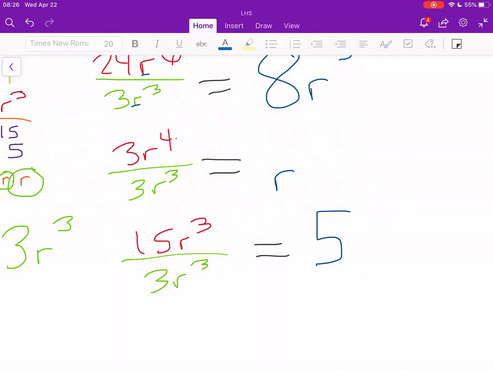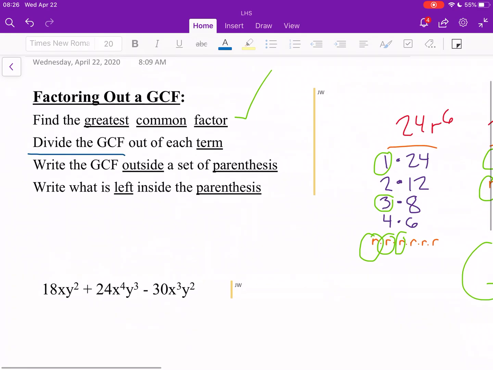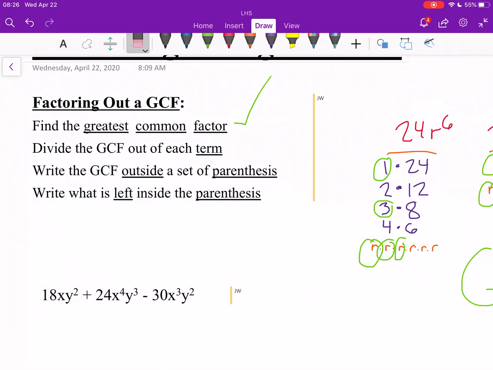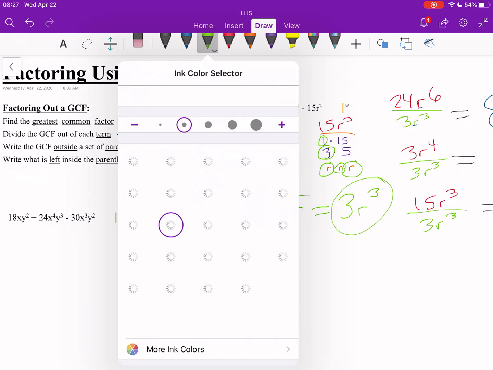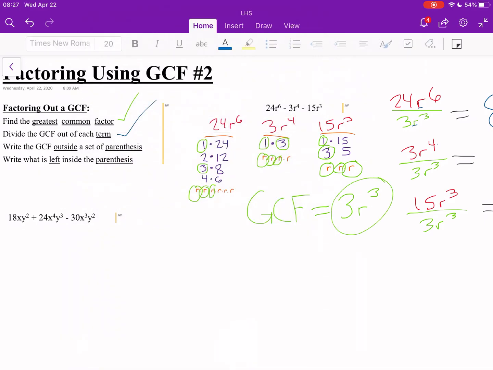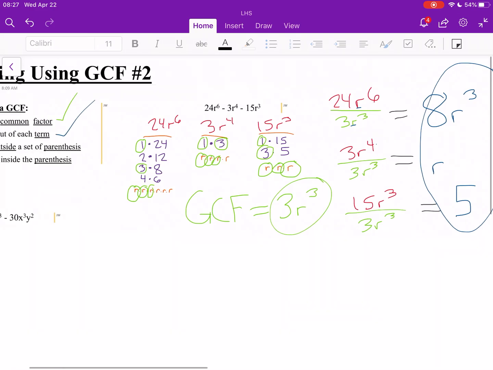So now we completed step 2 there, where we were to divide the greatest common factor out of each term. So I'll put a check mark there. Step 3 is to take that greatest, so sorry, really quick, I've got something written in green here, right? The greatest common factor there written in green. And then I have what was left once I did my division over here written in blue. And I'm going to combine these pieces together, and here's how that works.